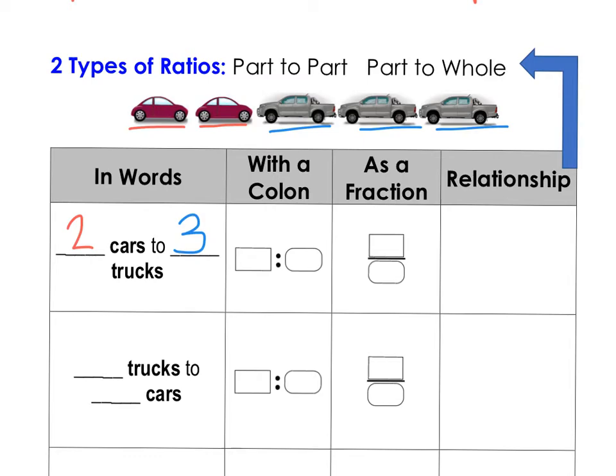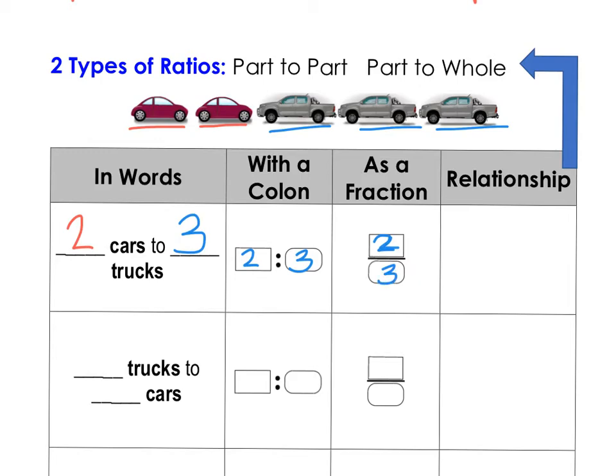So here, when I write it with a colon, we're going to write the ratio 2 to 3. Even though it's written as a colon, it's read the same way. We can even write ratios as fractions, but we read it the same. We read it as 2 to 3.